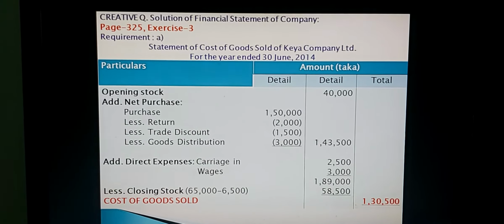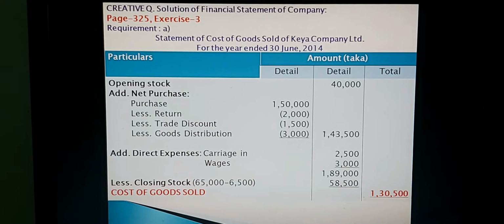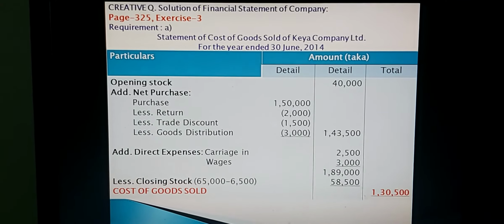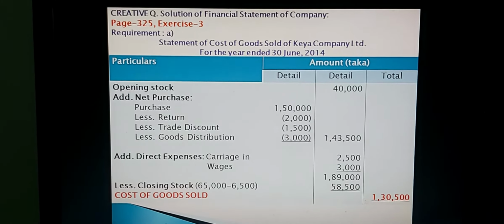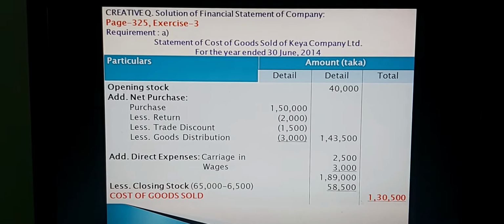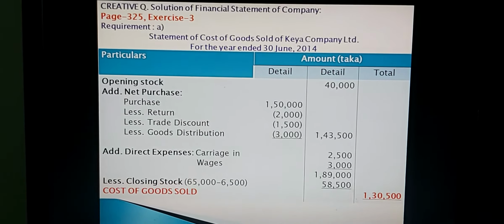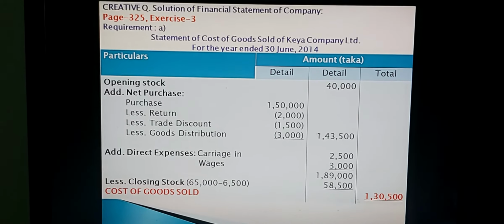Then you can deduct from this amount the closing stock. Closing stock amount Taka 65,000 in adjustment number 1, but 10% less of its market price. So you can deduct 10% from the 65,000. At this moment, net closing stock 58,500 you have to write in the middle column.